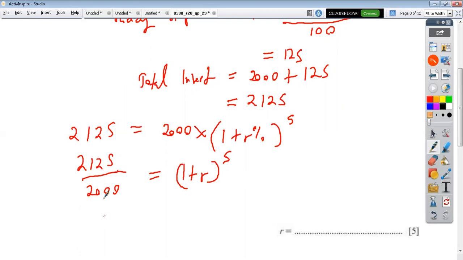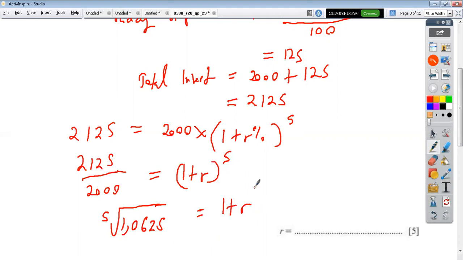1.0625. Are we agreeing with it? Yes, sir. So with the fifth root, it means like this: if you find the fifth root of this, it's simply 1 plus r.